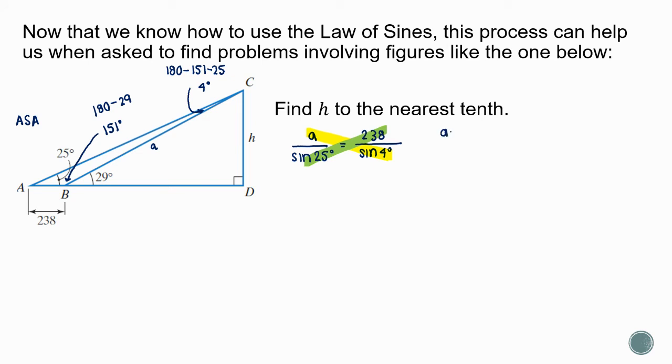So we'll have a times the sine of 4 degrees equaling 238 times the sine of 25 degrees. We can divide both sides by the sine of 4 degrees, and that gets us a by itself.